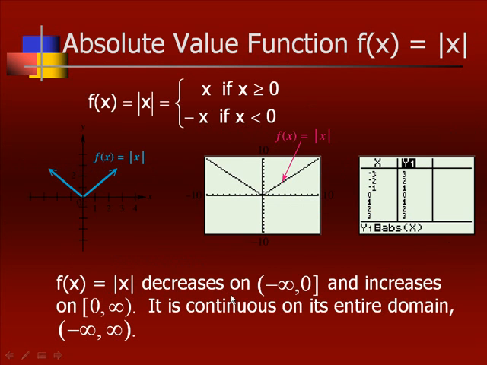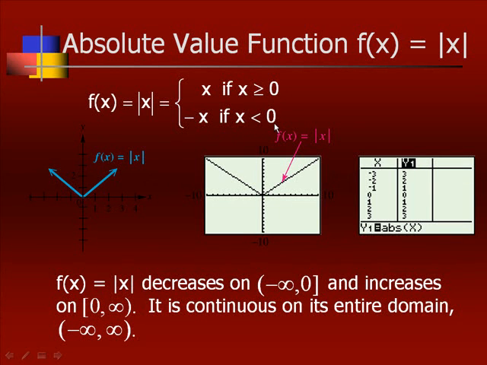Next basic type, the absolute value function, f of x is equal to the absolute value of x, which we show with the absolute value bars. And if you'll remember, the absolute value is never negative. If f of x is equal to the absolute value of x, then we define that by saying it's equal to x if x is greater than or equal to 0, or it's negative x if x is less than 0.